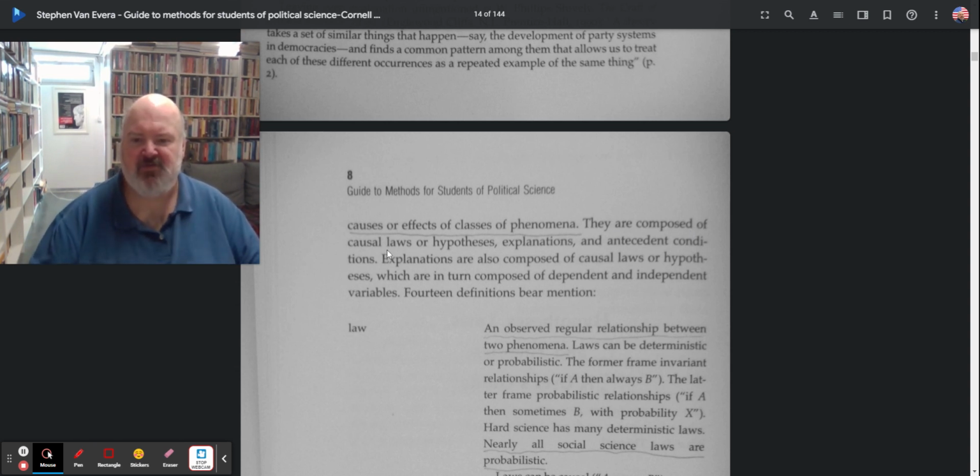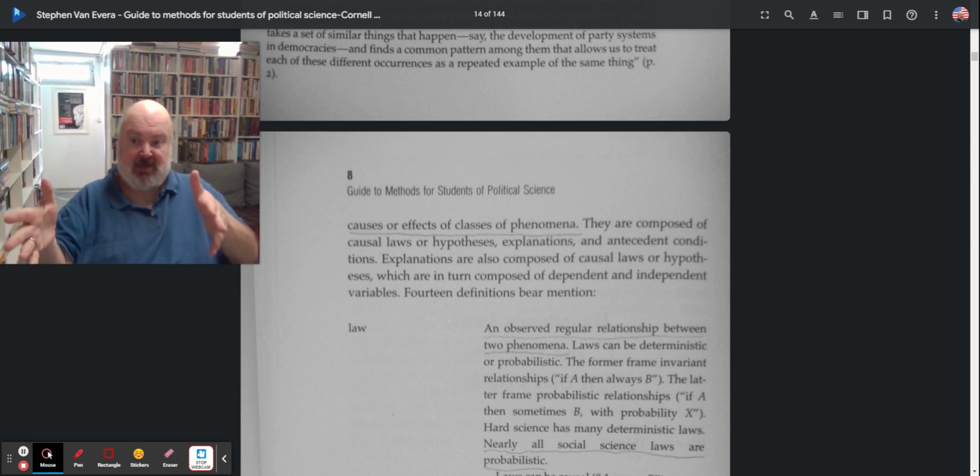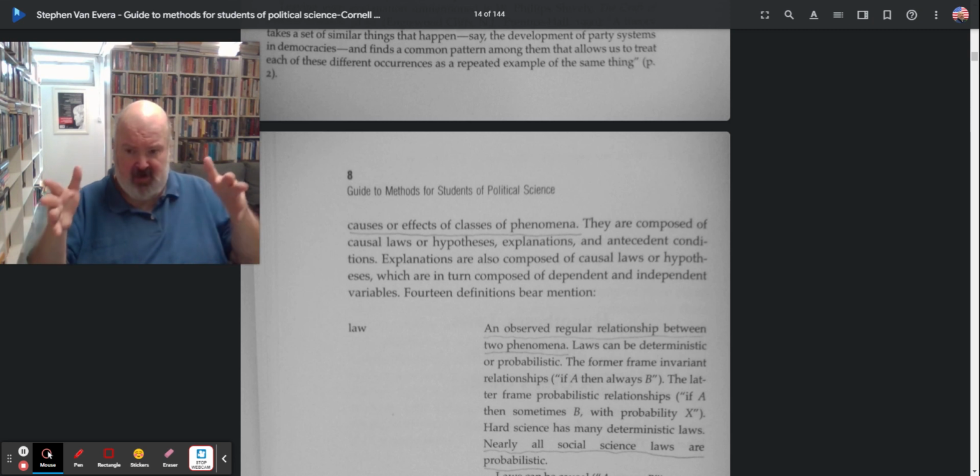They are composed of causal laws or hypotheses, explanations, and antecedent conditions. So, therefore, the basic concept of a theory is basically expecting something causal, right? Causes or effects. Okay, cause and effect of things in the world.